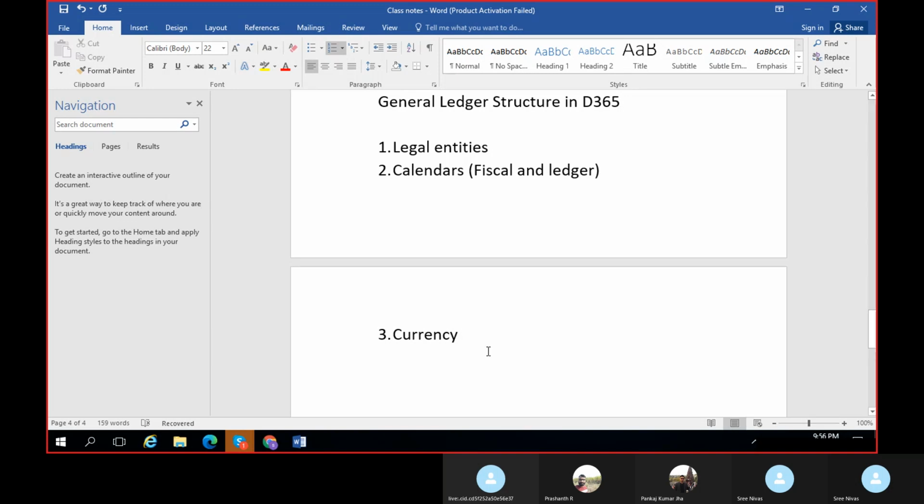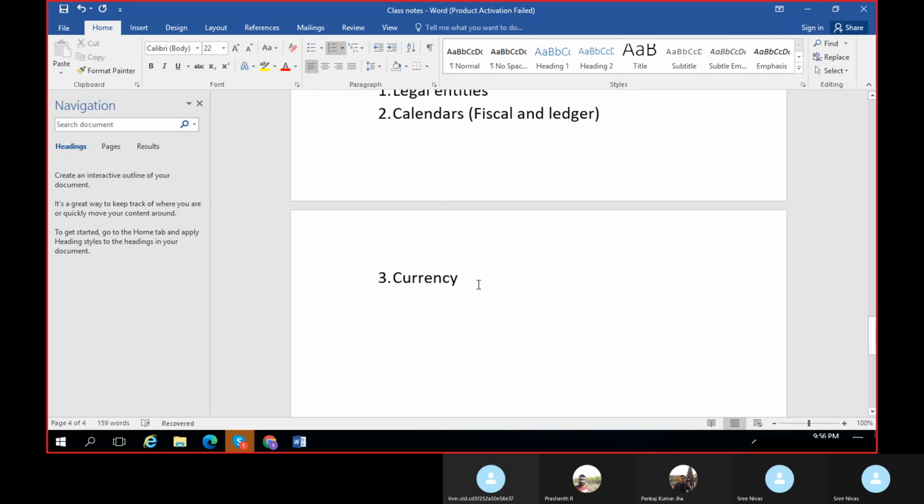In case they want to demonstrate this financial reporting to the stakeholders of the company, or the investors, or the tax departments, since the parent company is located in USA, they have to report in USD itself, even though they might have operations in multiple countries.